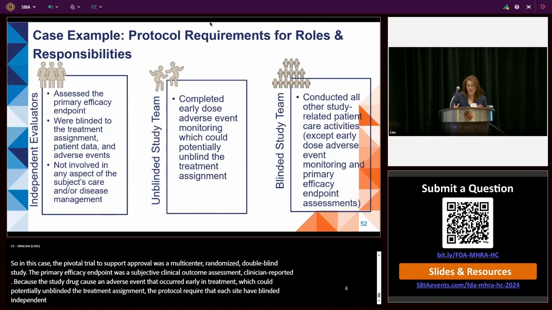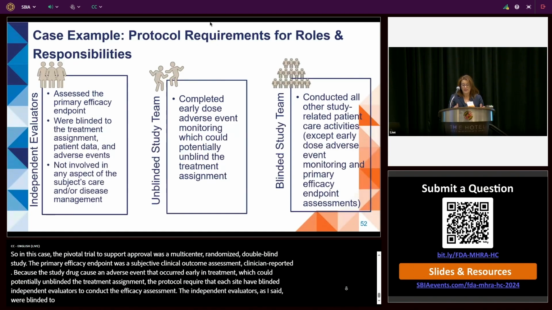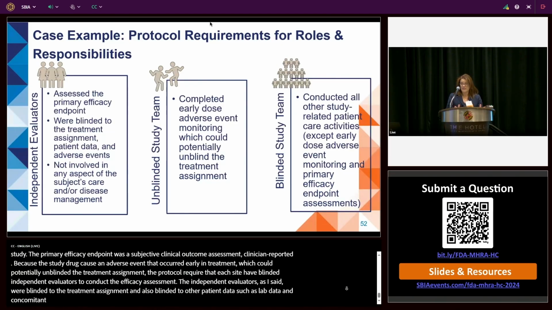These independent evaluators, as I said, were blinded to the treatment assignment. They were also blinded to other patient data, such as lab data and concomitant meds, and adverse event data. And they were not to be involved in any other aspect of the patient's care and disease management.